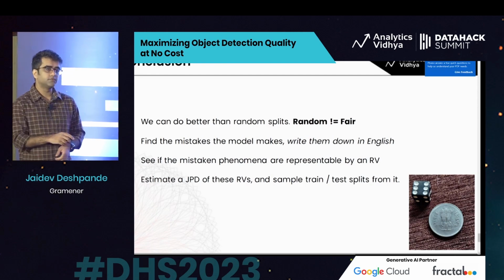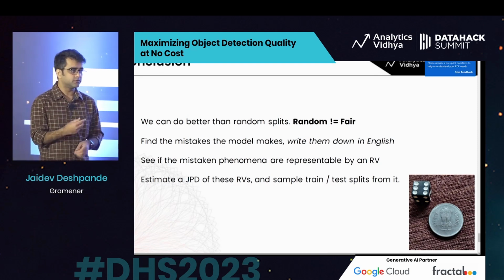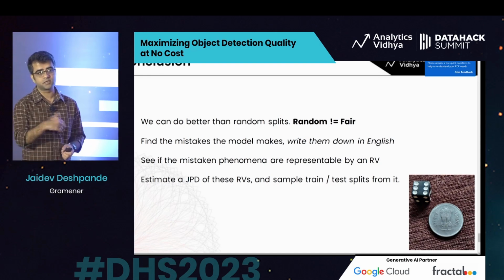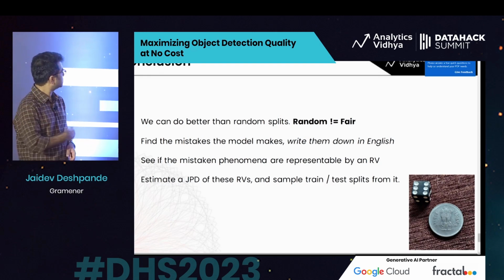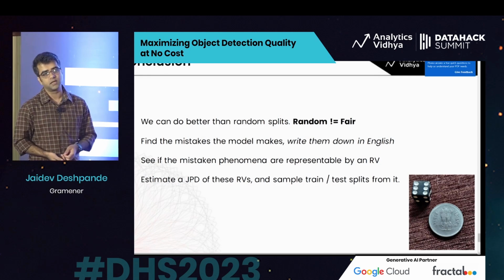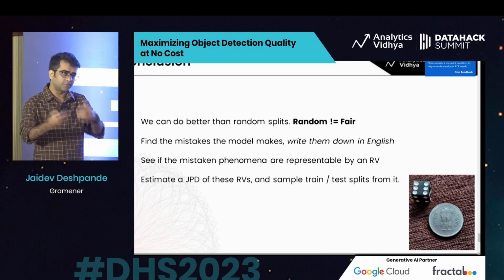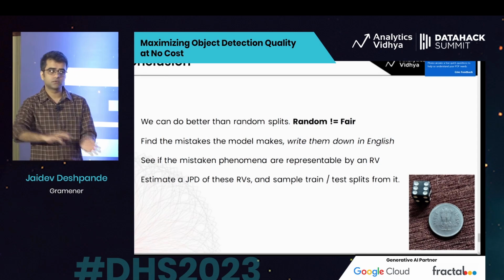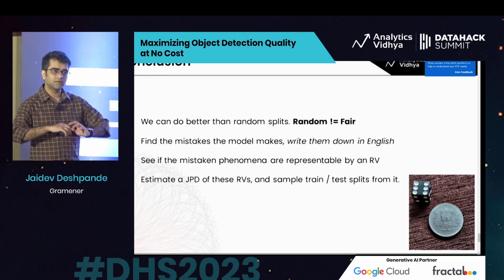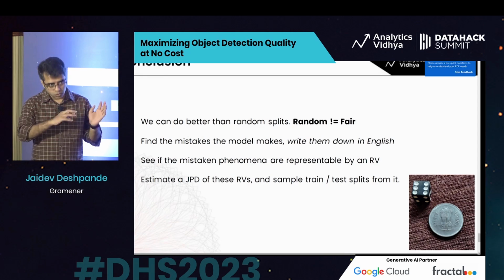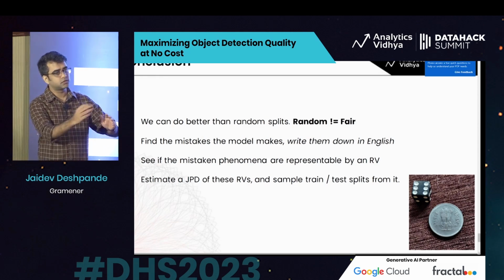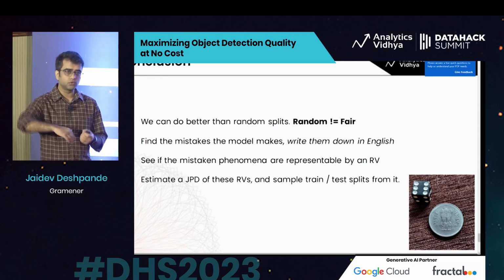See if the mistaken phenomena can be represented with a distribution. And then estimate the JPD of these random variables and use it. From that JPD, you sample your test data, you sample your training data. Whatever else you do, which includes the deep learning, which includes all of the other heuristics that we use in model training, that's only going to push things up.